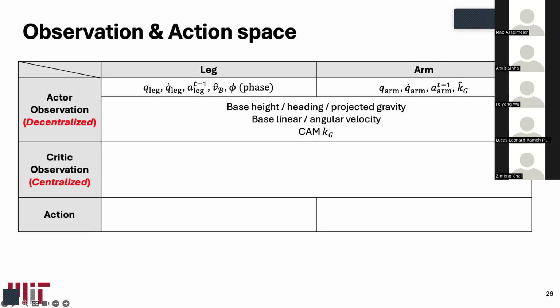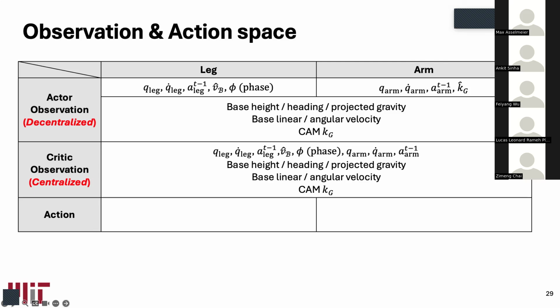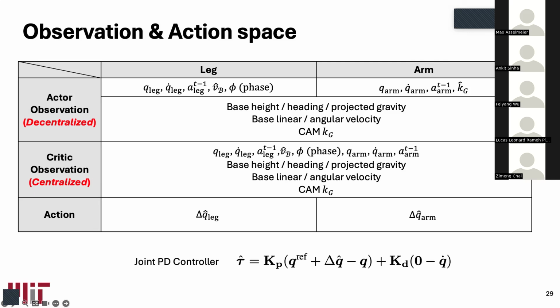They share the base states, and this centroidal angular momentum will act as latent information to communicate with each other. The critic will observe everything, and the action will be just a desired joint position target for each network. Then we run the joint PD controller under the hood at a much higher frequency.